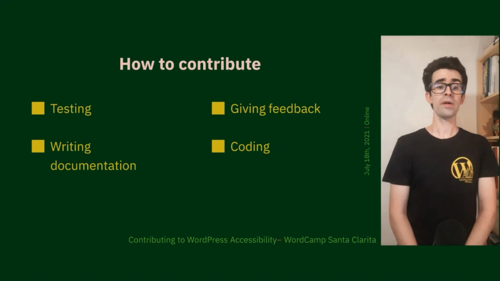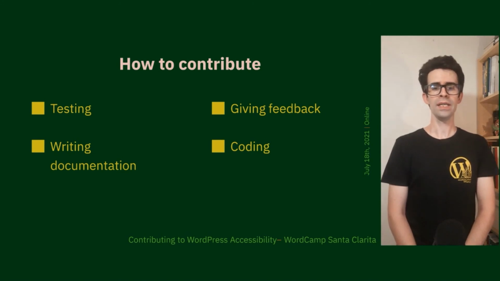So you are in a better position to understand what they are looking for. This is why it shouldn't shock you that the documentation working group has been one of the most attractive working groups for new contributors inside the accessibility team.